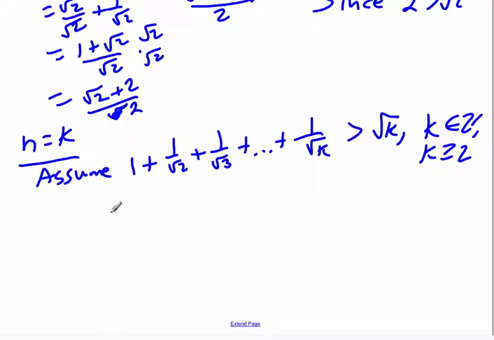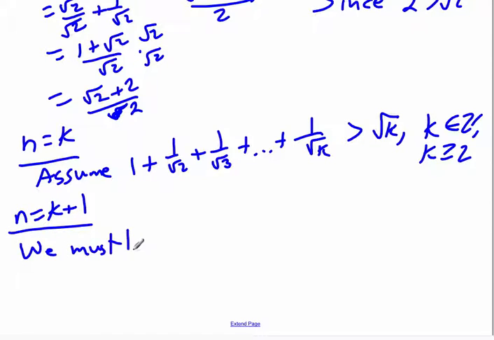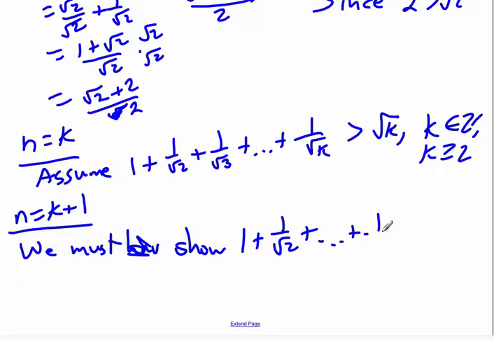So we'll assume that, and let's take a look at our goal. Our goal is to show that 1 plus 1 over root 2 plus and so forth, 1 over root k plus 1, is greater than root k plus 1. So that's what we're looking for.